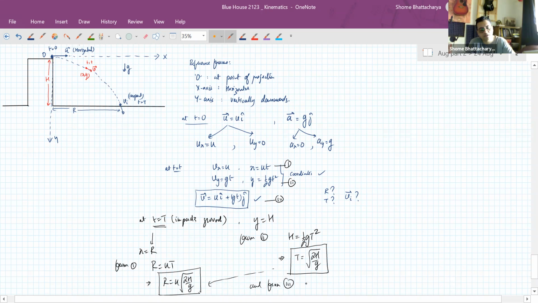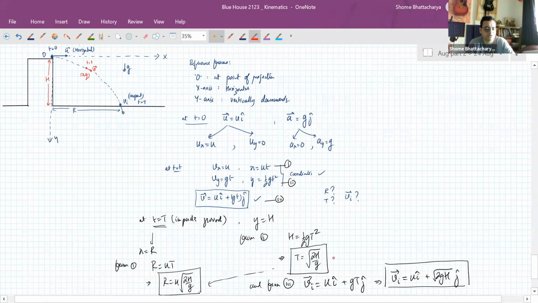we will see that the impact velocity will become u i cap plus g into capital T j cap. So you will see that the impact velocity is u i cap plus root 2gH j cap when you substitute the value of time.